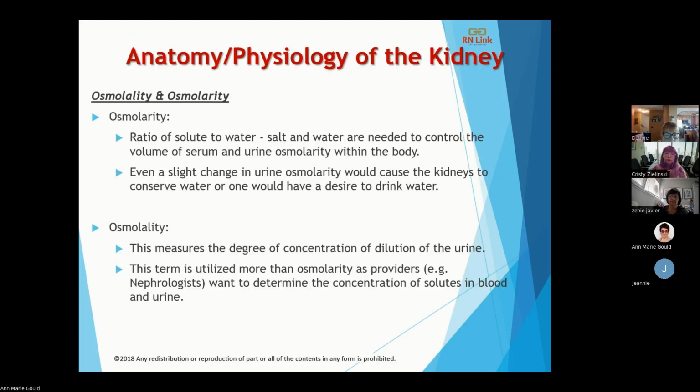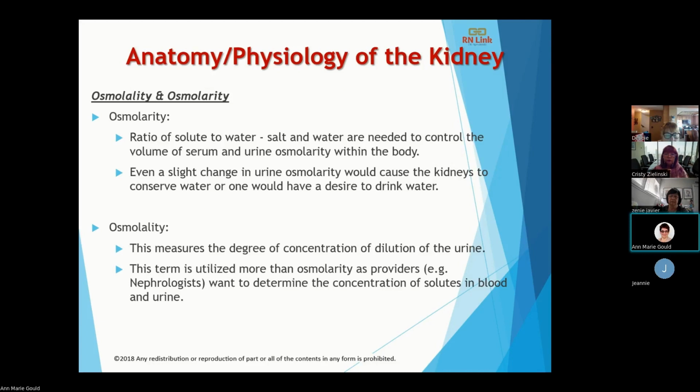So when it comes to your osmolality and your osmolarity, osmolarity is the ratio of solute to water. So salt and water are needed to control the volume of serum and urine osmolarity within the body.